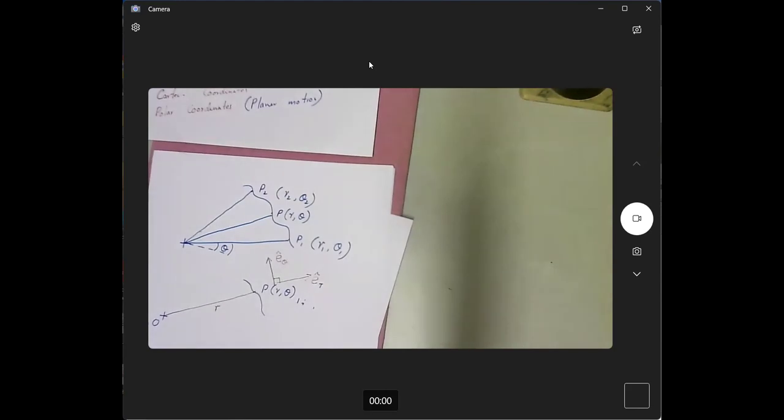And this unit vector is called e_theta, right? Just like in the previous case, where you have x and y, and the direction unit vectors i and j.